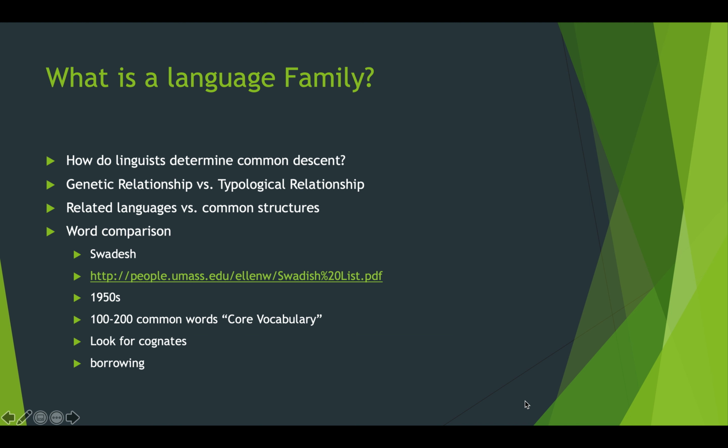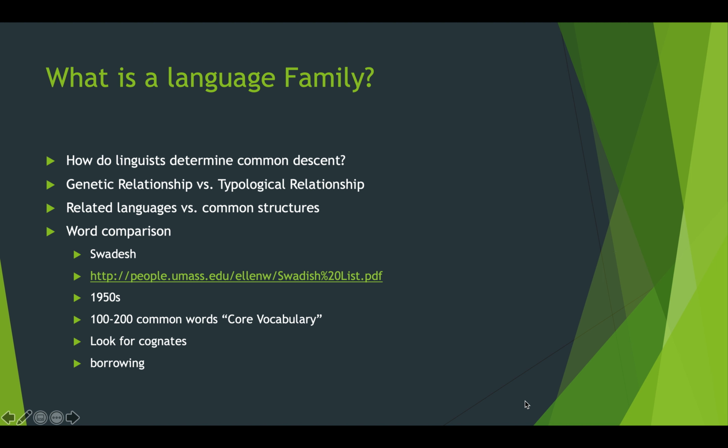So, how do linguists determine if languages are related, if they are part of the same language family, if they have a common descent? Well, there are different ways to tell, and we're looking at different kinds of relationships. The first is a genetic relationship, that this language evolved from this other language, and that relates to people as well, that the people that speak this language, their ancestors were a people who spoke this other language, this mother language.